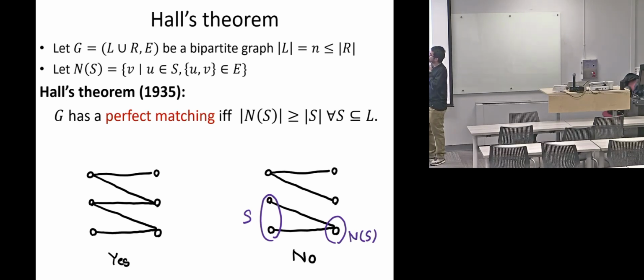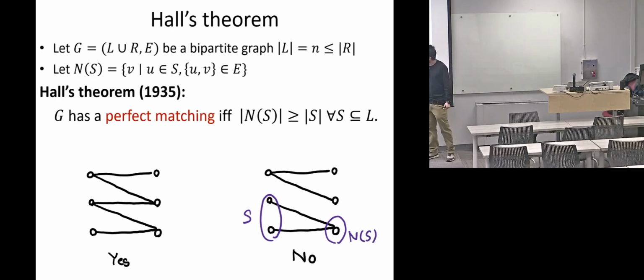Hall's theorem says that there is a way to characterize if the graph has a perfect matching by just saying that a graph has a perfect matching if for every set S on the left, the size of its neighbor set is at least the size of itself.